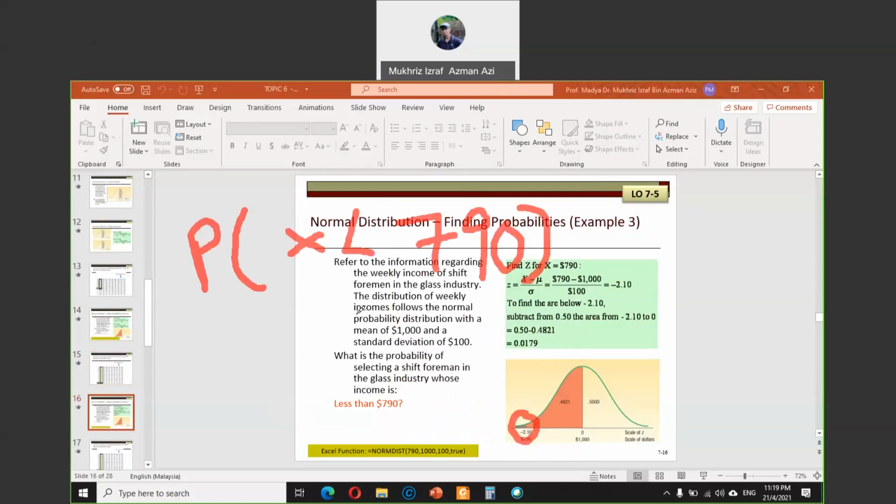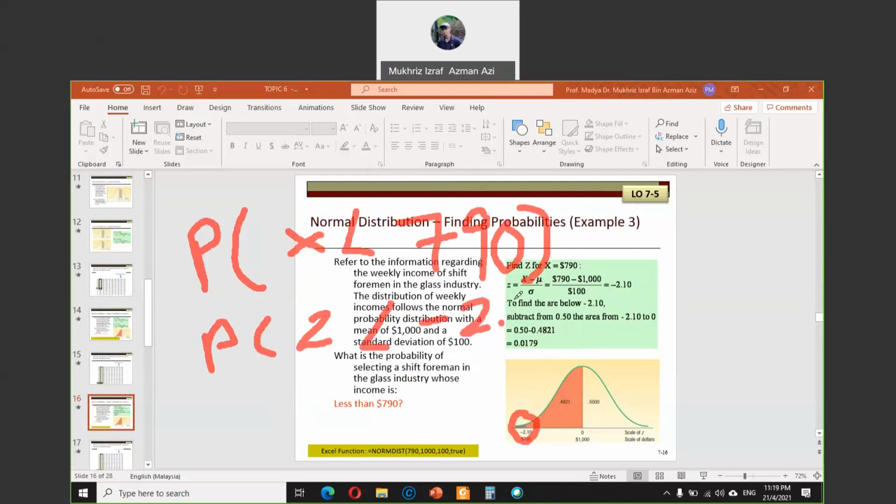When you are calculating only one value of X, meaning X less than some value or X more than some value, the same procedure applies: convert into Z. So 790 converts into Z, and you get negative 2.1.